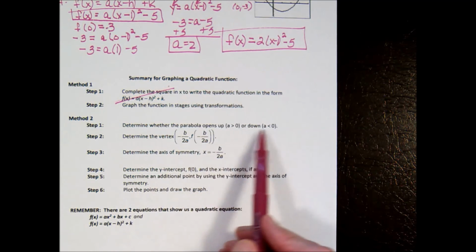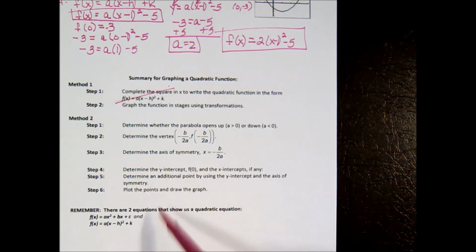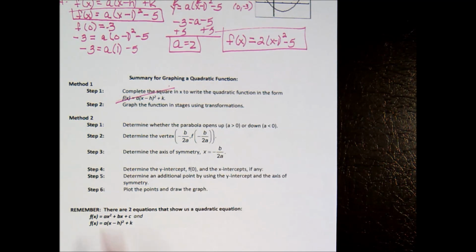We can determine the vertex, etc. So remember, there are two equations that show us a quadratic function. This is Form 2, the one you're used to, and Form 1, this is the one that uses transformations that we have done before, and we can graph them both in different methods.